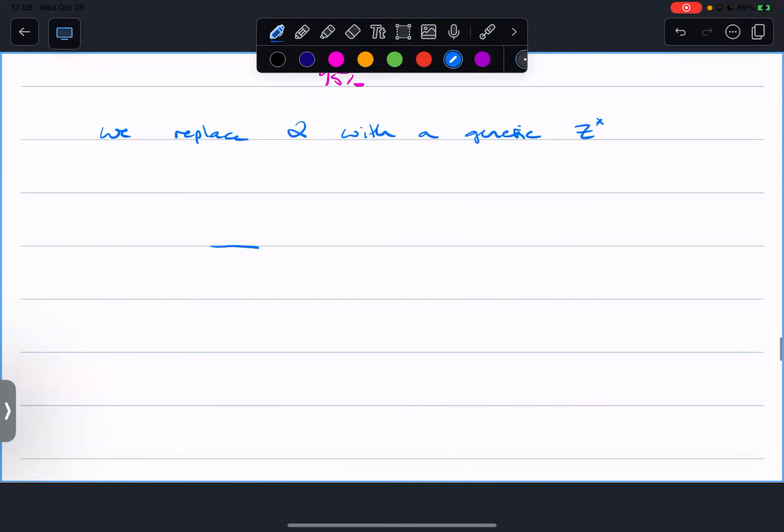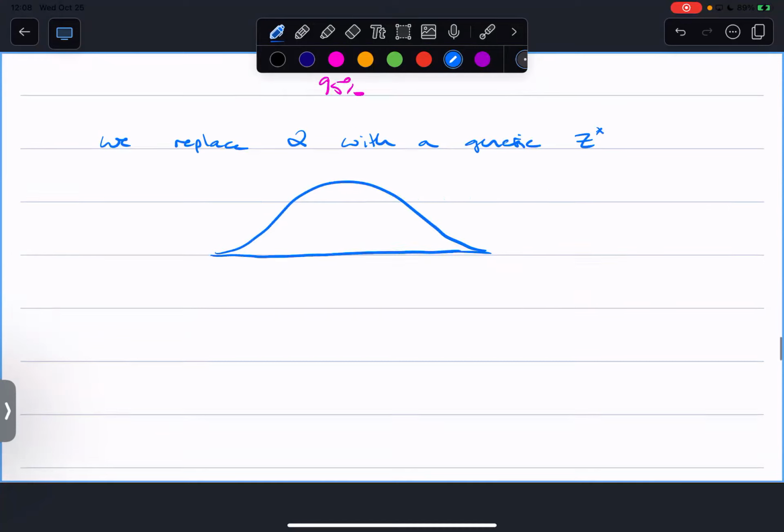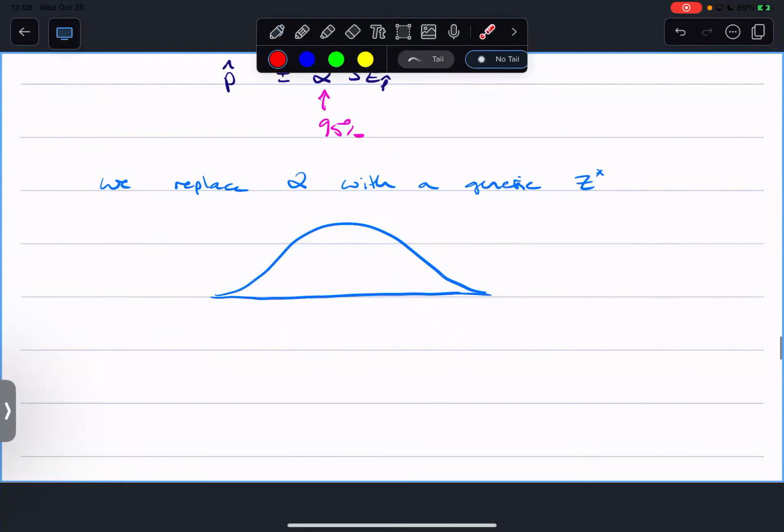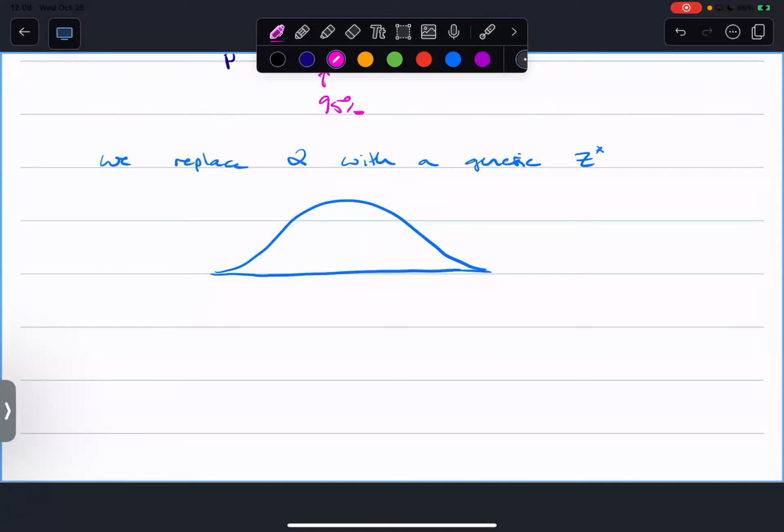So what we can do is find any confidence interval at any confidence level. This 95% is the confidence level. So if I want to make any confidence level, then I'm going to go down to a negative Z star and up to a positive Z star.